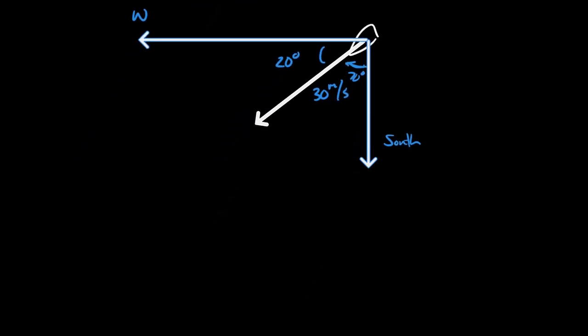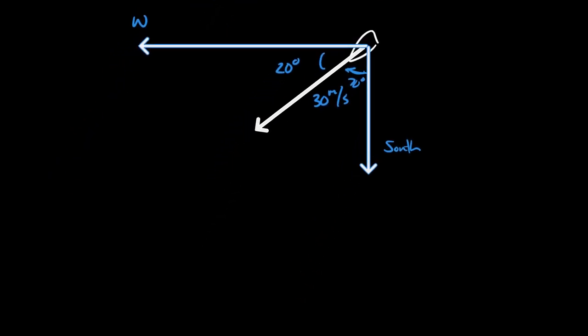Now, this part, this is just us trying to delineate direction. What I really need from you is for you to tell me how fast is the boat traveling to the west and how fast is the boat traveling to the south. That's what I really want.